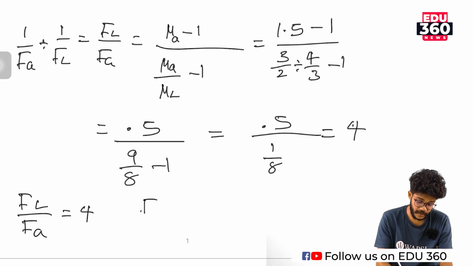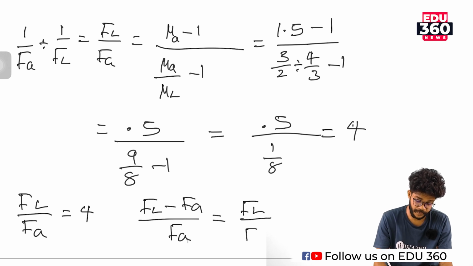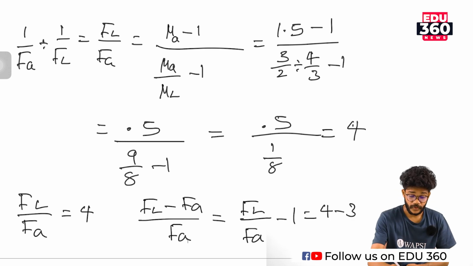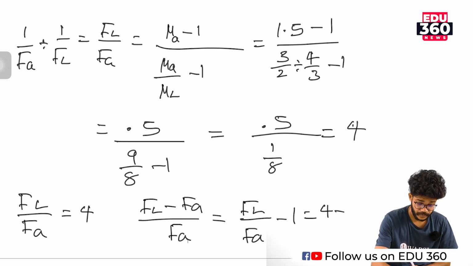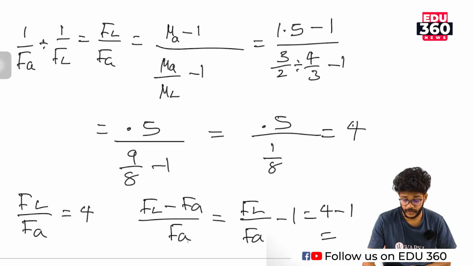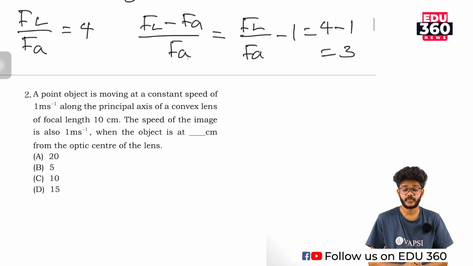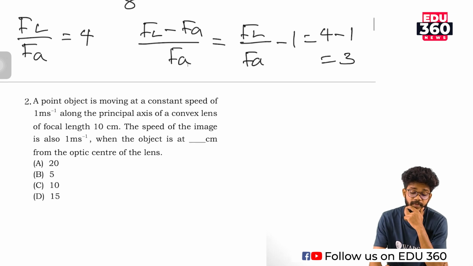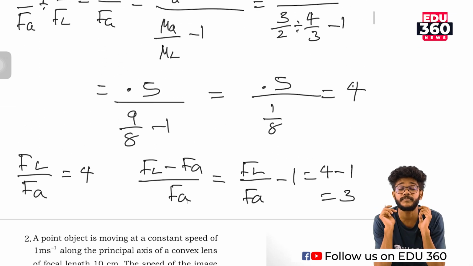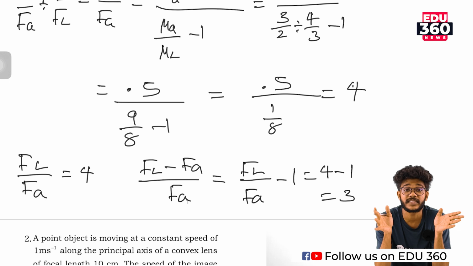So (f_L minus f_a) by f_a is actually f_L by f_a minus 1, which is equal to 4 minus 1, which is equal to 3. Multiplied by 100 percent, the answer is 300 percent. That is positive.